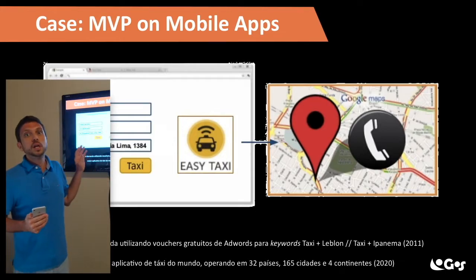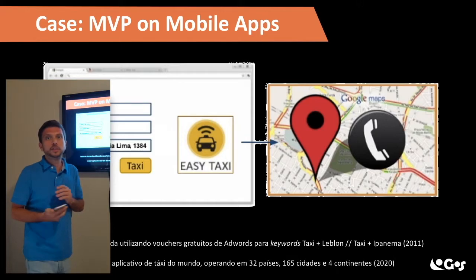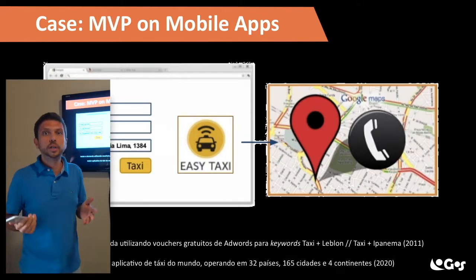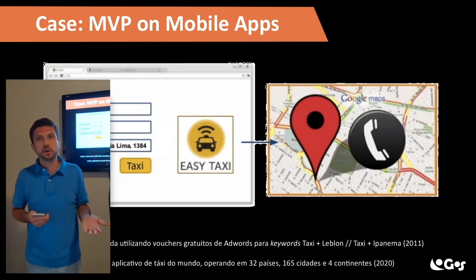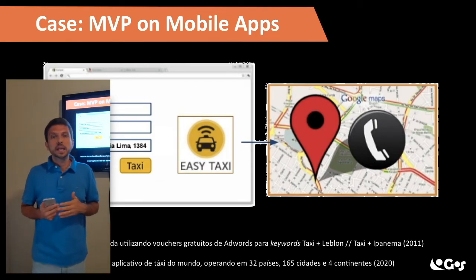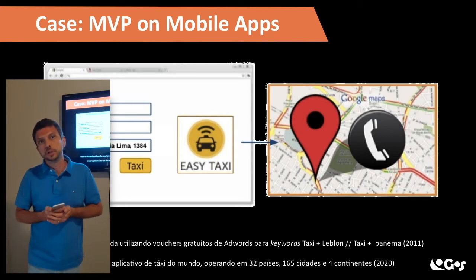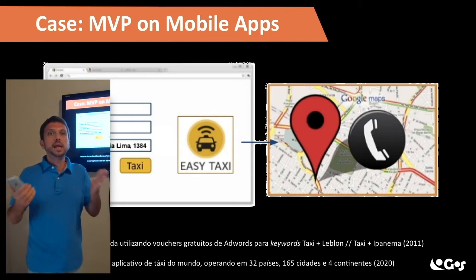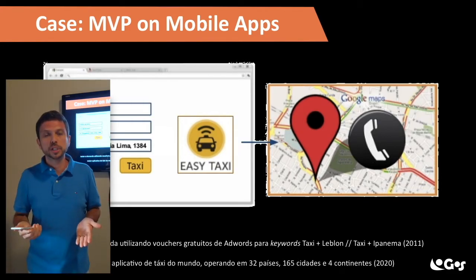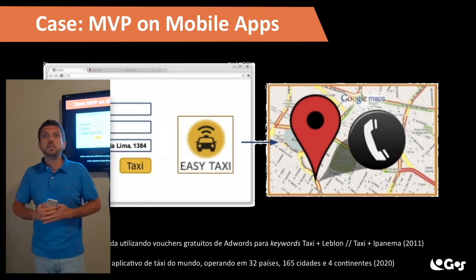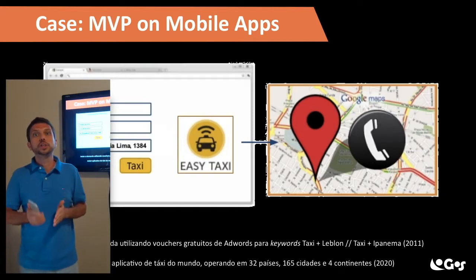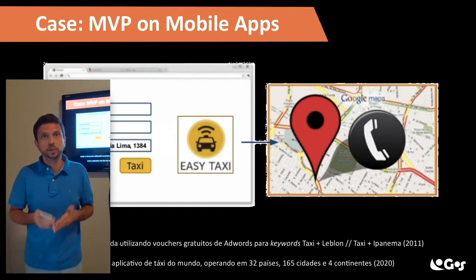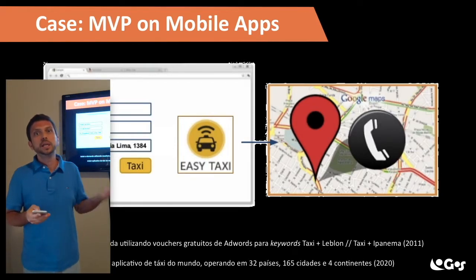And using $250 in AdWords vouchers, they could test the viability of this concept. They could test the interest of the customers. So when they came to talk with the investors, they had a much better position because they had a concept already proved. You can talk with the investors on another level.